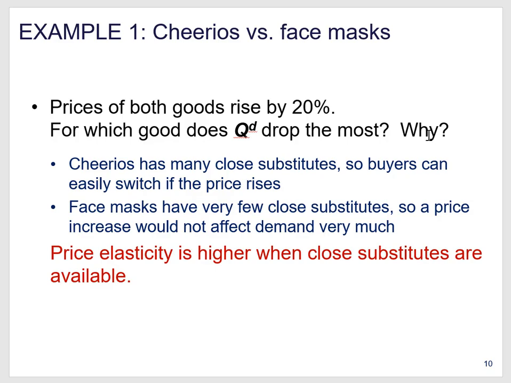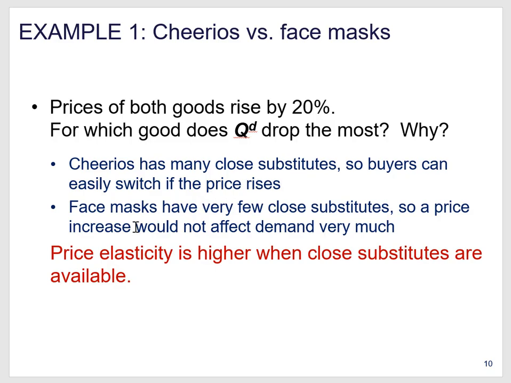Now, if you look at Cheerios, there are different types of cereals, yeah? So Cheerios has a lot of substitutes. If the price rises by 20%, and if that's a massive rise, depending on the price and starting point of the price, the customers may choose to substitute Cheerios with other breakfast products.